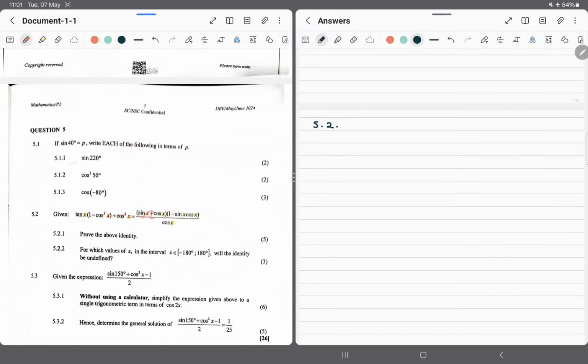Now, we can see here that technically if we FOIL this out, we get how many terms? 1, 2, 3 terms. But this numerator is giving us the vibes that, look, if these are all single angles, look at this sine x cos x. It's not related to the others per se.